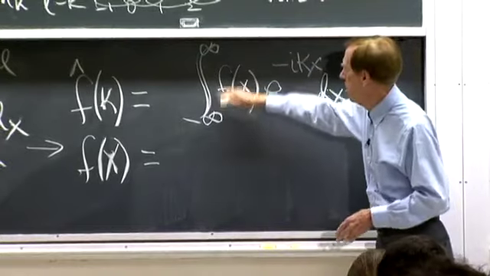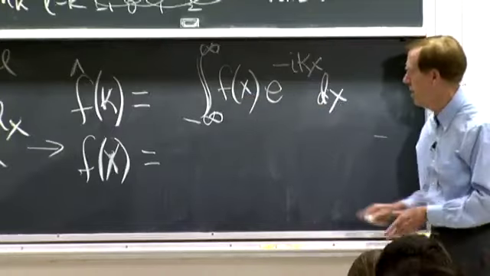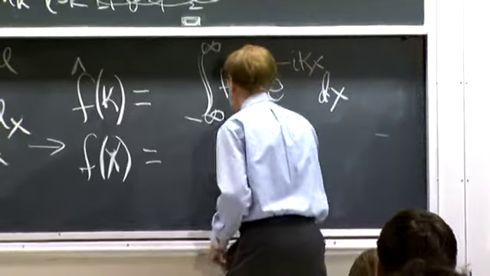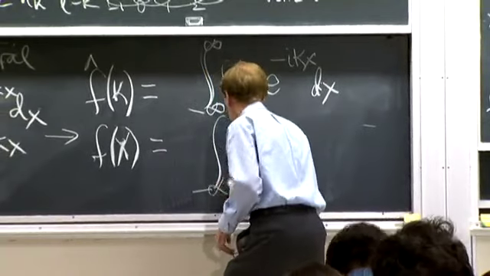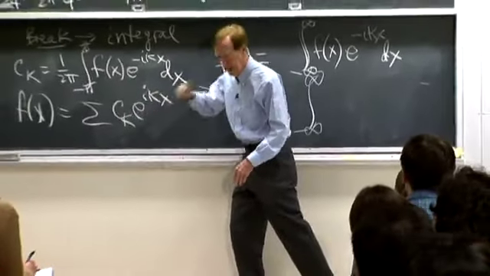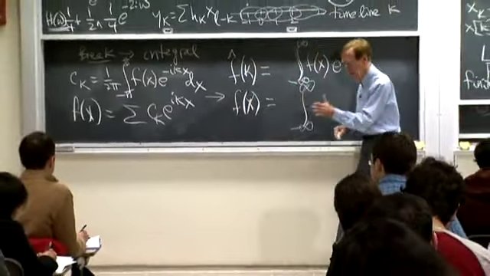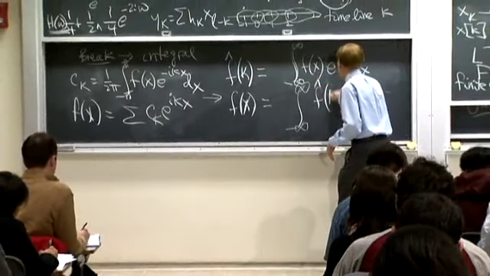F of x is there, but now any k is allowed. So I have a function of all k's. And now I want to recover f of x. So what do? You can guess. I've got an integral now, not a sum, because a sum was when I had only integer numbers. Now I've got f hat of k.